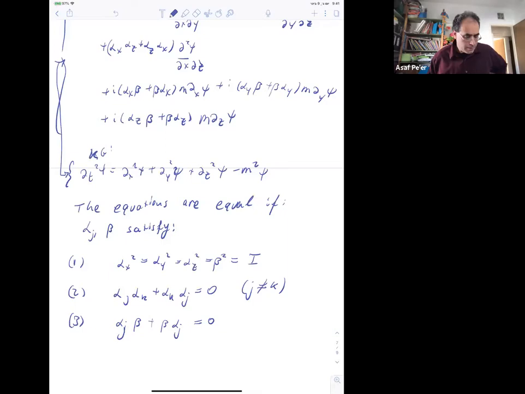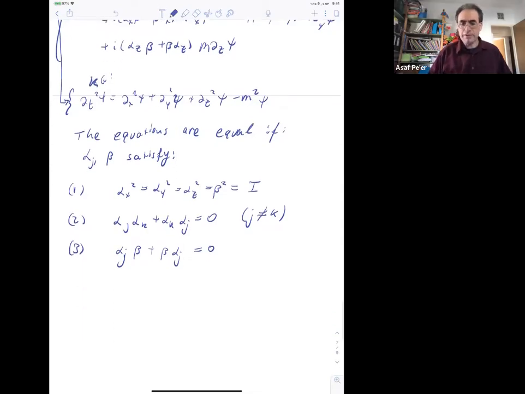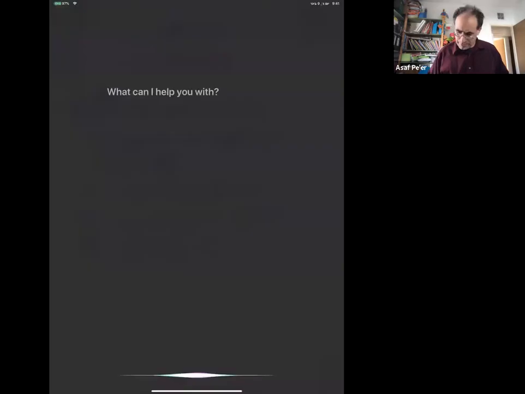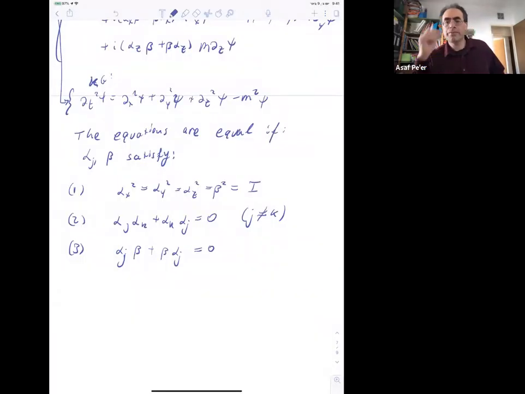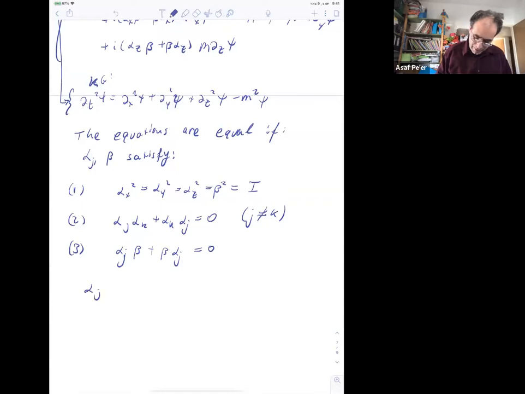So that means that the alphas and betas are going to be represented by matrices, but these are not any matrices. These matrices have several properties. So alpha j and beta are represented by matrices.